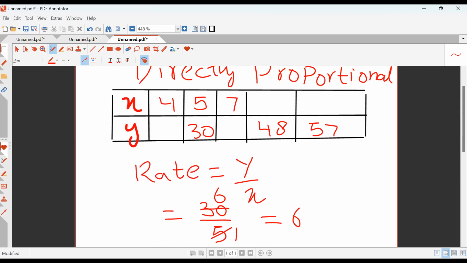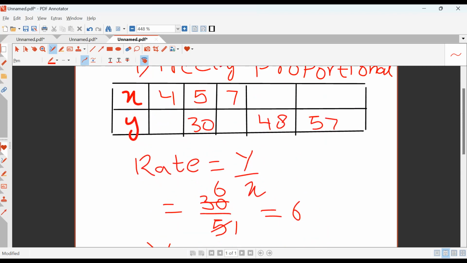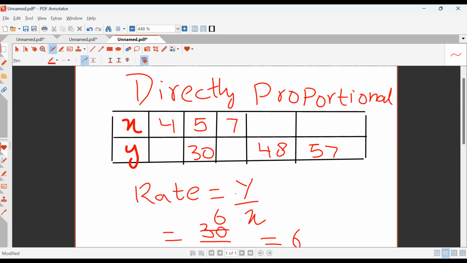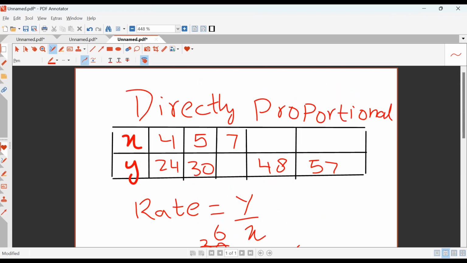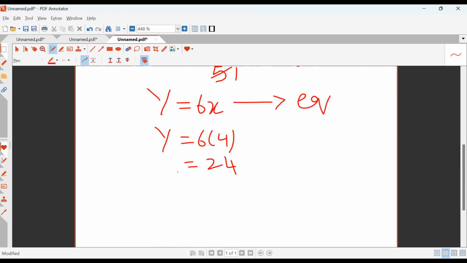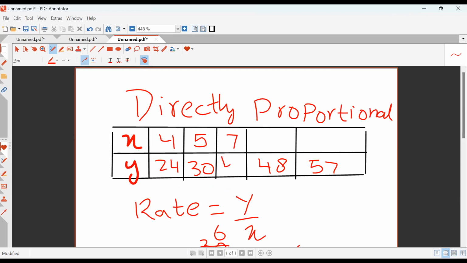First one, it says find y when x equals 4. y equals 6 into 4. 6 fours are 24. So I have gotten the value of y as 24. Then in the second one, it says find y when x equals 7. y equals 6 into 7. 6 sevens are 42.